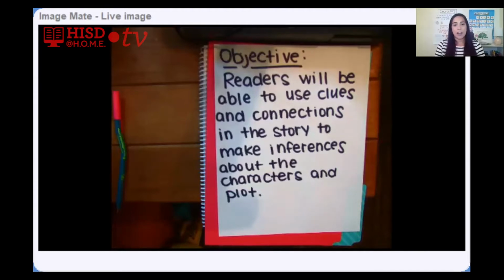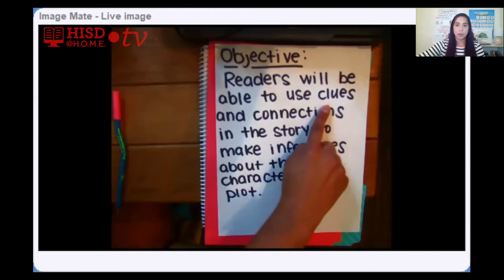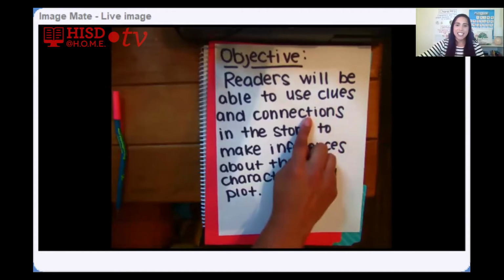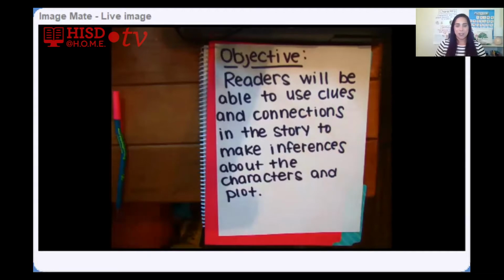And we're going to figure out guesses about what happens to the characters and what happens in the story by using clues. The author gives us those clues and we tie them into our own connections to make those guesses, boys and girls, and we're going to be doing that today.